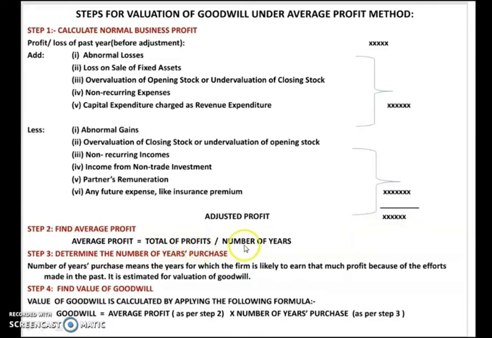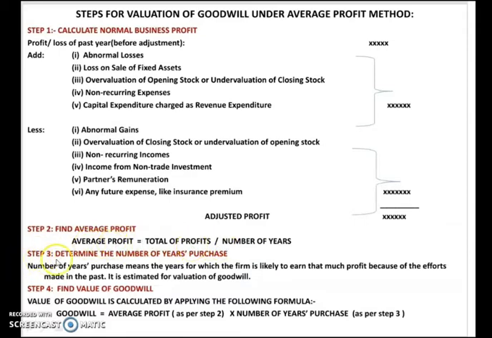Then divide that by the number of years. However many years' profit is given, that number you have to write. Suppose they have given you 5 years profit, so divide by 5. Suppose they have given you 3 years profit, then divide by 3. By doing this you will get the average profit.